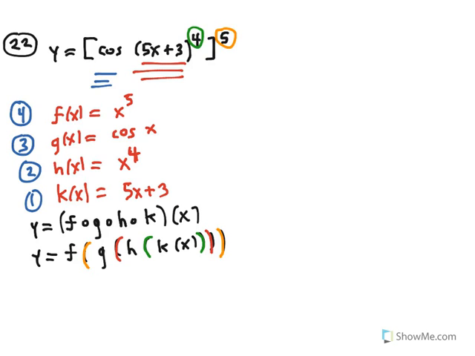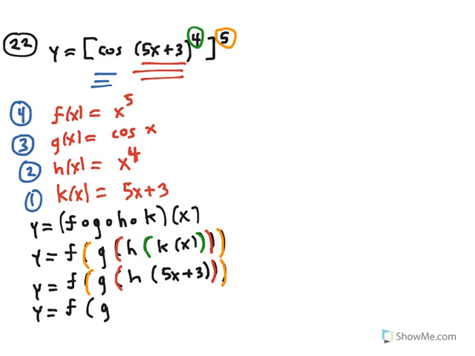So we have k of x is 5x plus 3, and then we have h of x is raising to the 4th power.